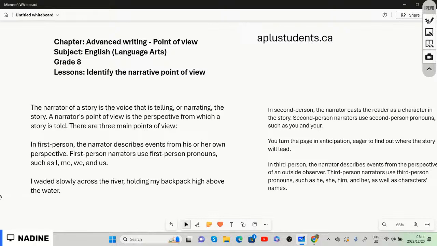So it's them giving this perspective on the story, on the characters, but in a first person perspective. You'll hear them using words like I, me, we, or us.